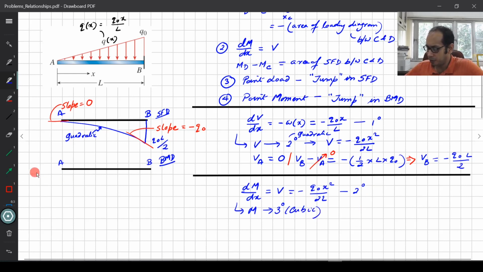Now I have found that my moment at A is 0, because A is a free end. So let me write that moment at A equals 0.